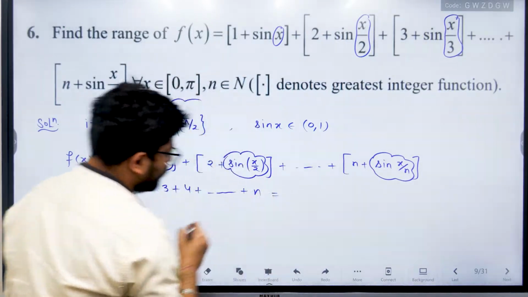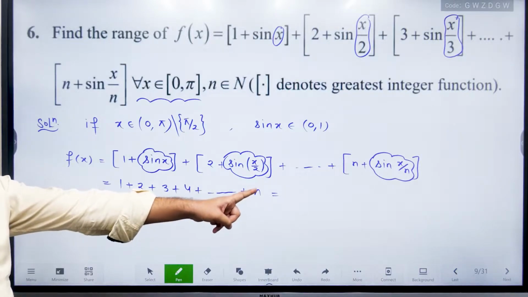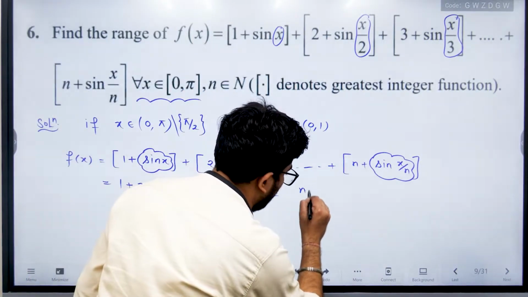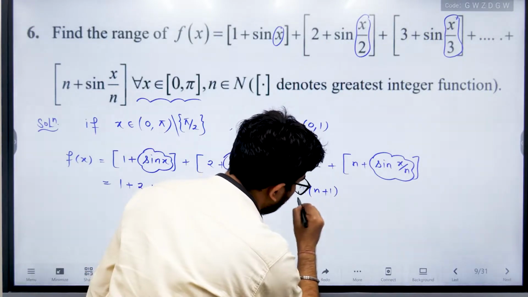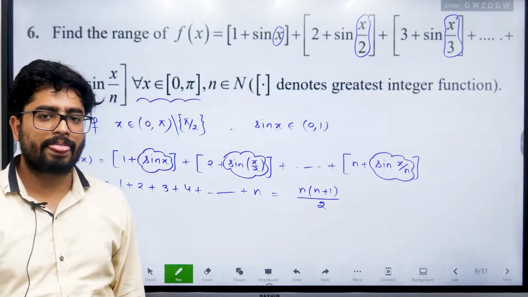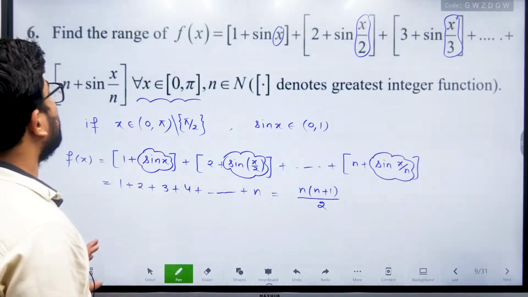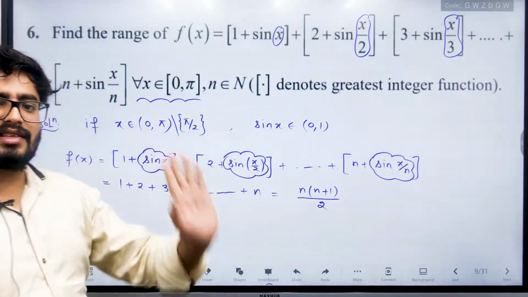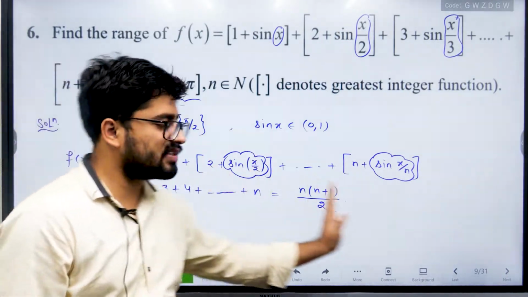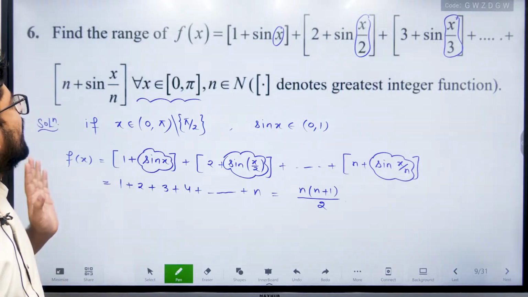So the value is 1 plus 2 plus 3 plus 4 till n, the sum of the first n natural numbers, n(n+1)/2. So whenever x is in 0 to pi except 0, pi and pi by 2, f(x) is equal to n(n+1)/2.